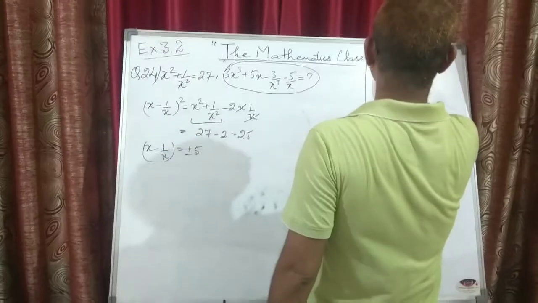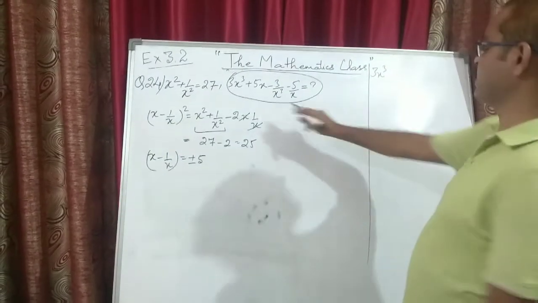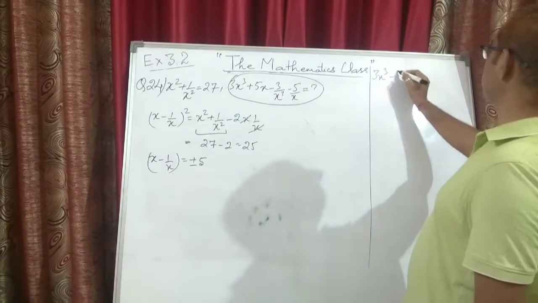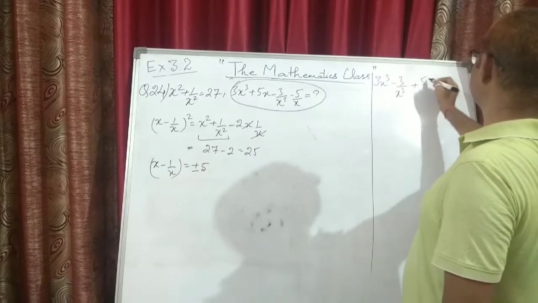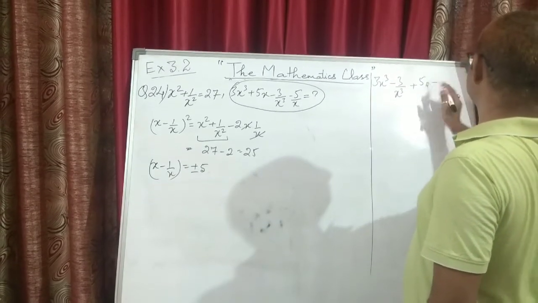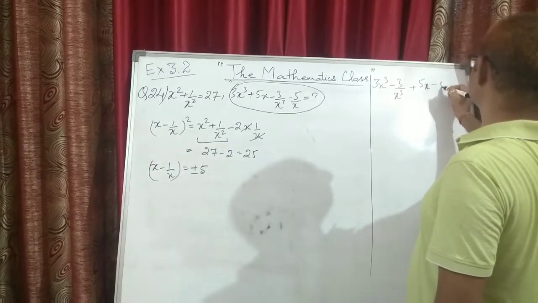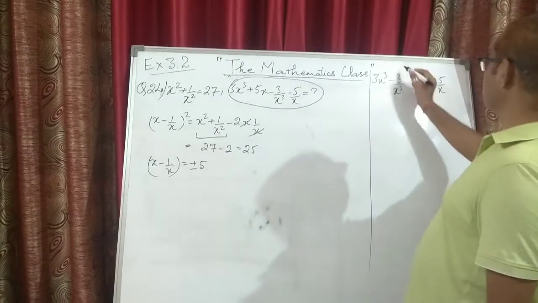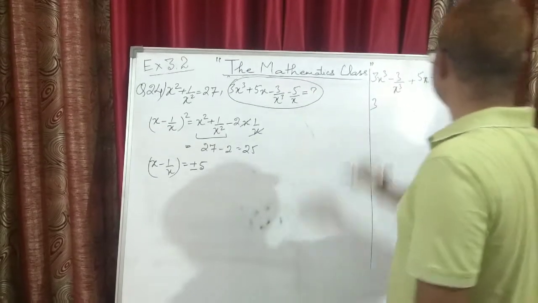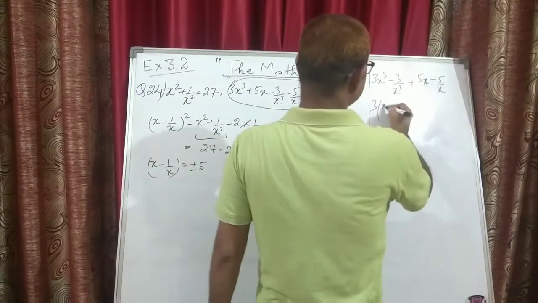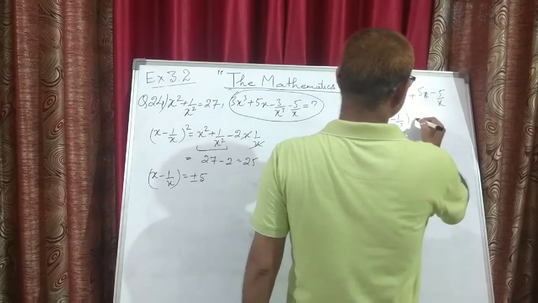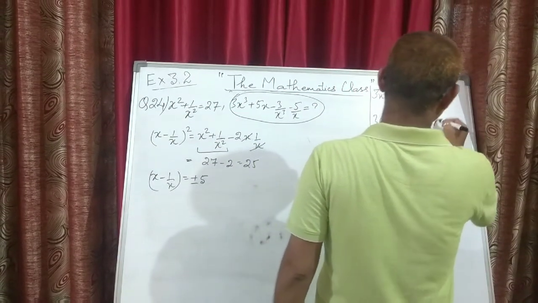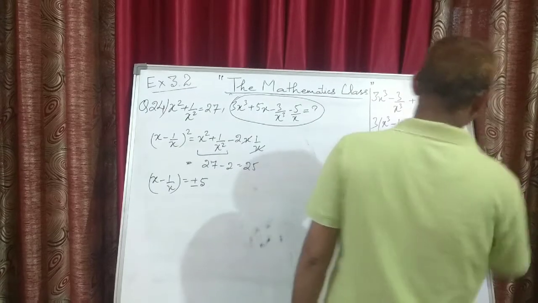3x cube plus 5x. I am writing first minus 3 upon x cube and then plus 5x and then minus 5 upon x. From this, if I take 3 common, I am left with x cube minus 1 upon x cube, plus from this if I take 5 common, I am left with x minus 1 upon x.